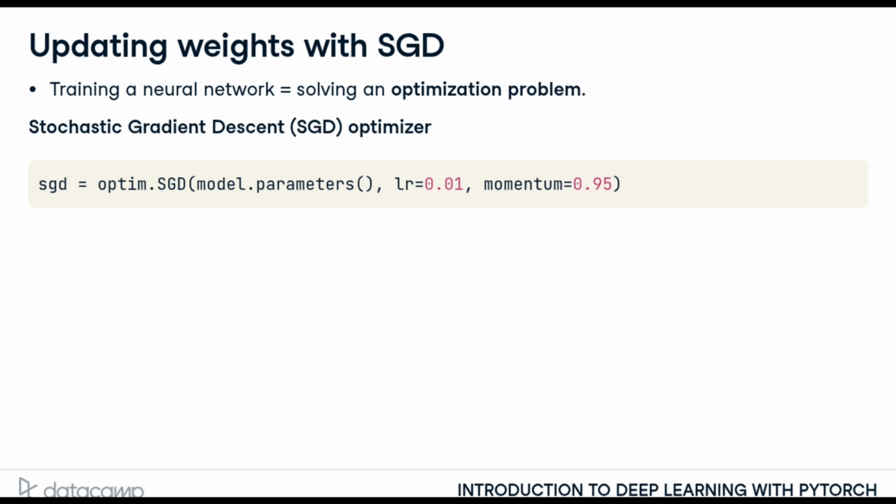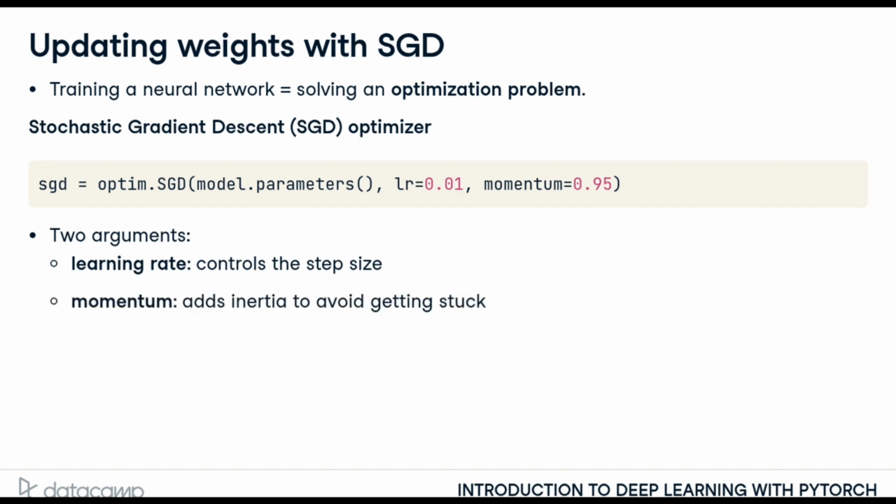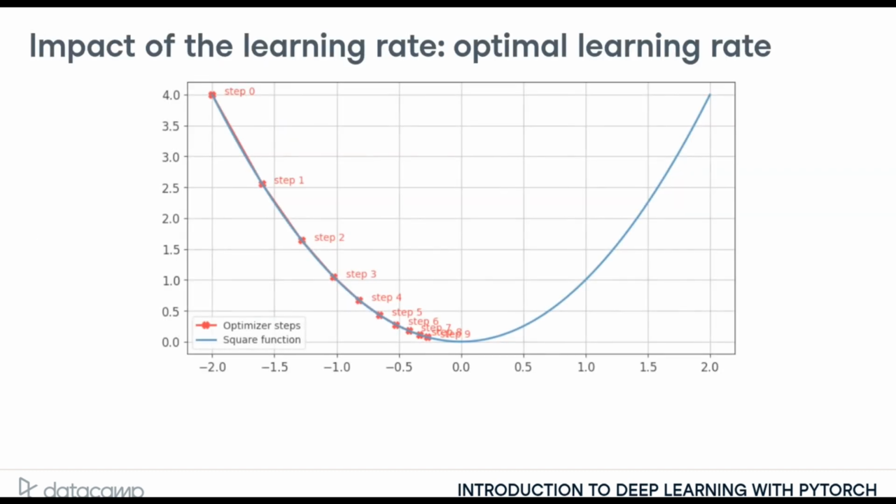Recall this is the optimizer we used to find the global minimum of loss functions. The optimizer takes the model's parameters along with two key arguments: learning rate, which controls the step size of updates, and momentum, which adds inertia to help the optimizer move smoothly and avoid getting stuck. Understanding their impact helps us optimize efficiency.